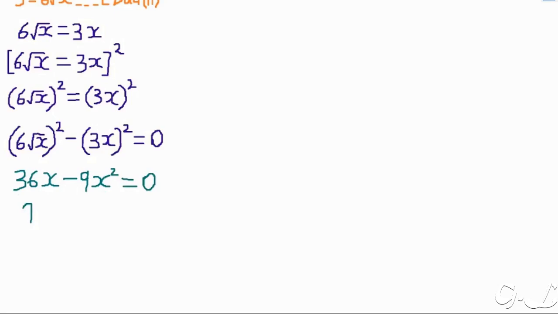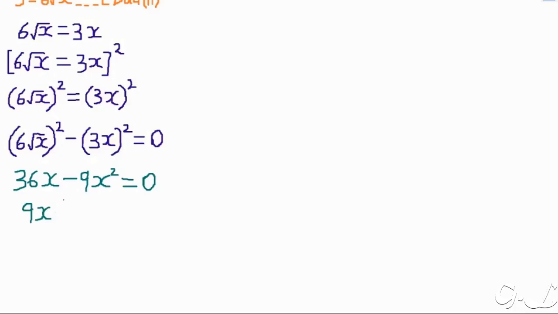So at this step, we are going to factorize. We are going to use the factorization method in order to find the actual values of x. When we look at those, we can take out 9x, because 9x appears in 36x and also in negative 9x squared.